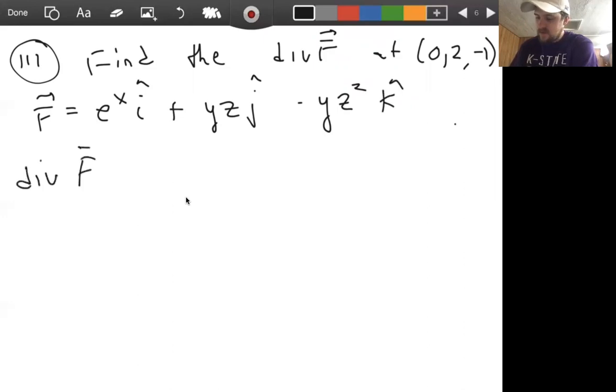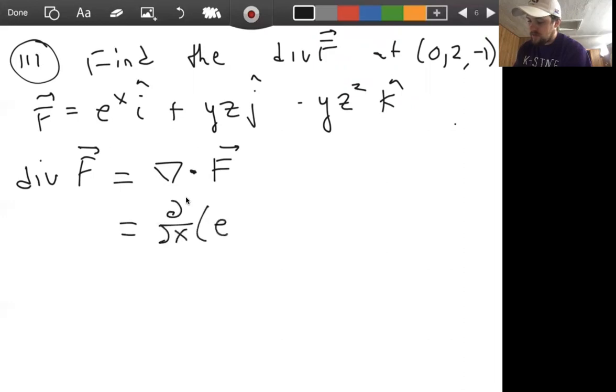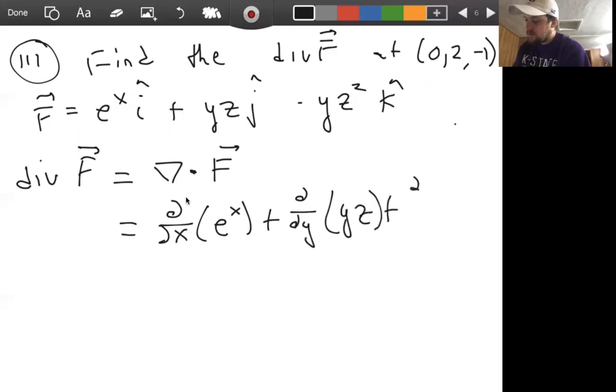Remember, divergence is the gradient dot the vector field, which is the partial derivative with respect to x of e to the x plus the partial derivative with respect to y of yz plus the partial derivative with respect to z of negative yz squared.